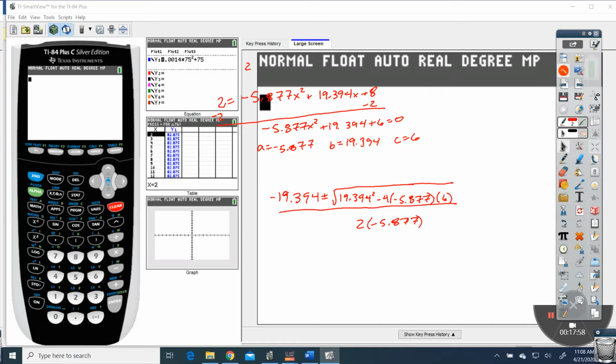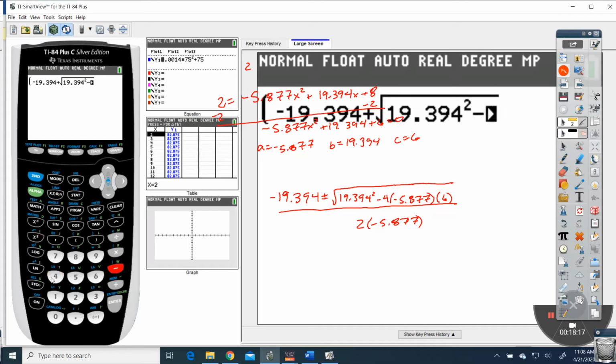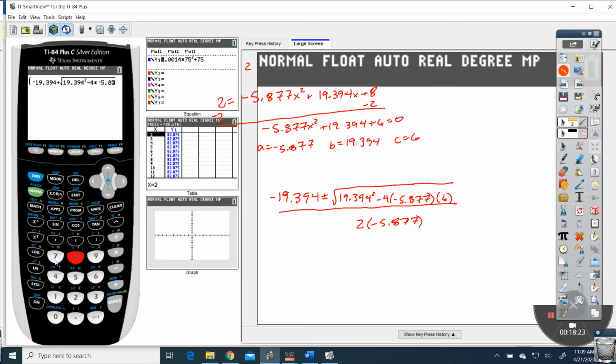So now I just type that into my calculator. Again, all of this top stuff is going to be in parentheses, so I put it in parentheses. Negative 19.394 plus the square root of 19.394 squared, so that's the b squared, minus 4 times a, which is negative 5.877.